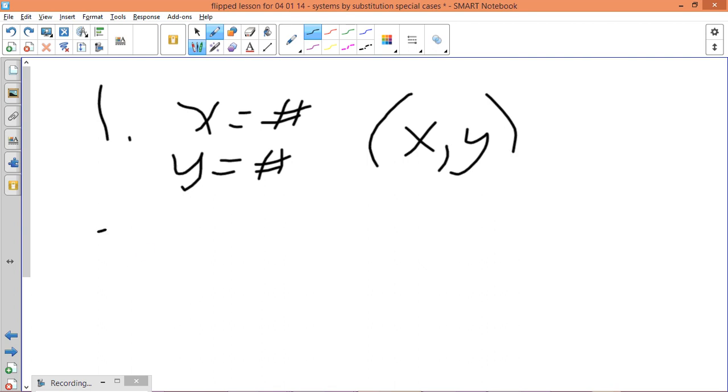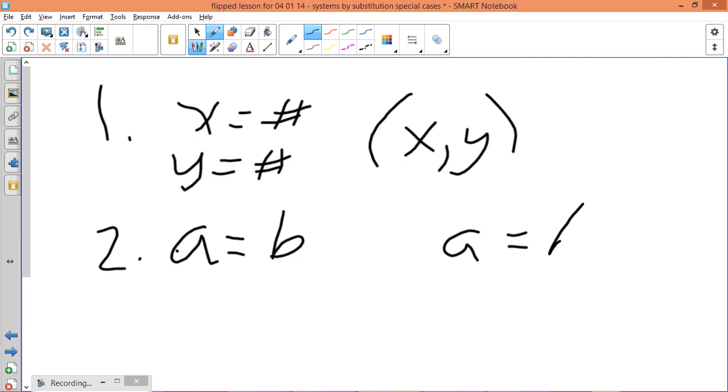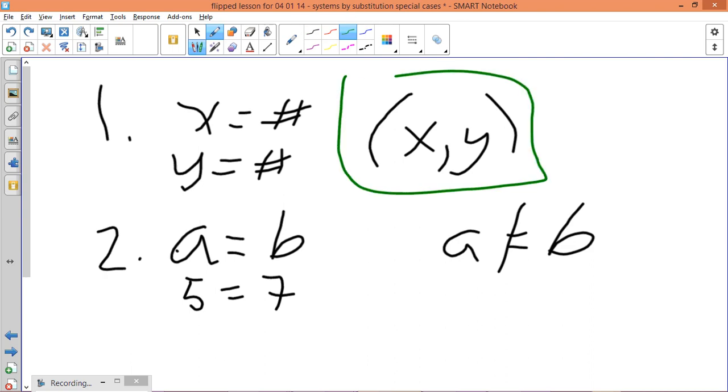The second thing that can happen, some number a equals a different number b, and a is not equal to b. These a and b are just holding the place of numbers. So an example of that would be 5 equals 7. Clearly, that's not true. And what happens there, instead of having x comma y as our solution, is no solution.